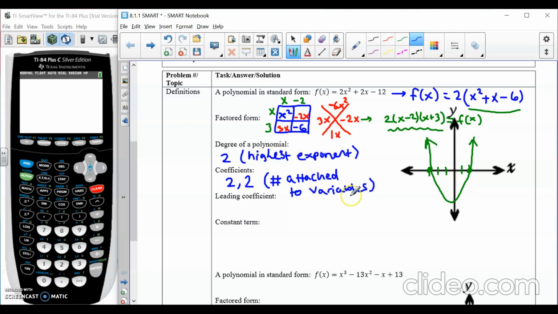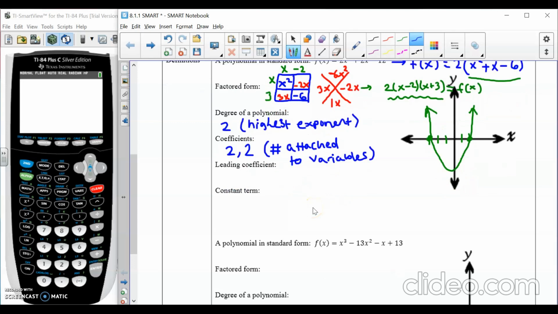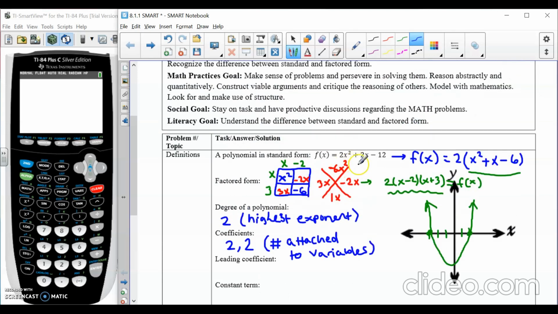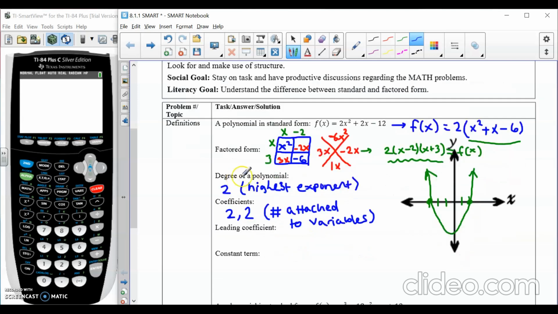So that brings us to the leading coefficient. This is also a number attached to the variable, but the leading coefficient is the one attached to your degree term. So while both of these have coefficients, your leading coefficient comes from the term that has the x squared, because that's the term with the degree.